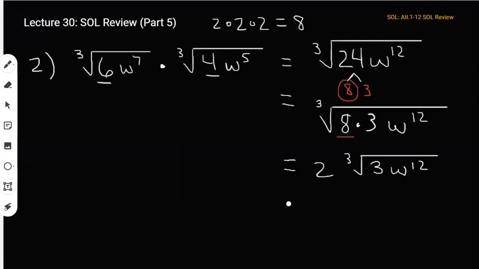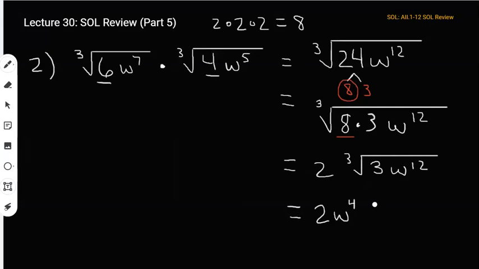So now the number is done. Let's work on the variables now. For a cube root, you're going to take that exponent, that 12, and divide it by 3. So what's 12 divided by 3? 4. So I can take out 4 of the w's.